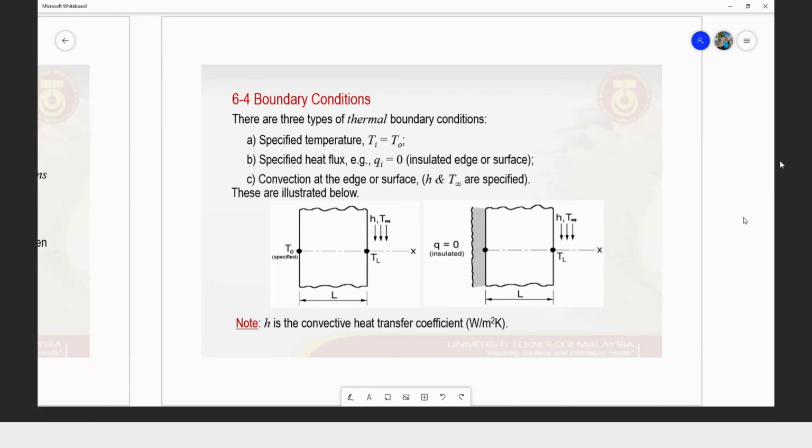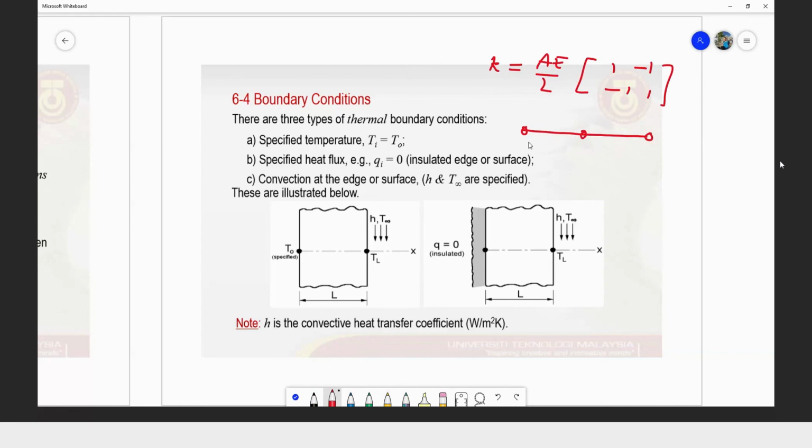Tapi actually yang first topic hari tu pun senang juga sebenarnya. Actually 1D problem, cuma a lot of careless lah hari tu. If I can share here, we would like to solve AE over L, 1, -1, -1, and 1, right? So we have already mentioned the structure is to be discretized using equal spacing.